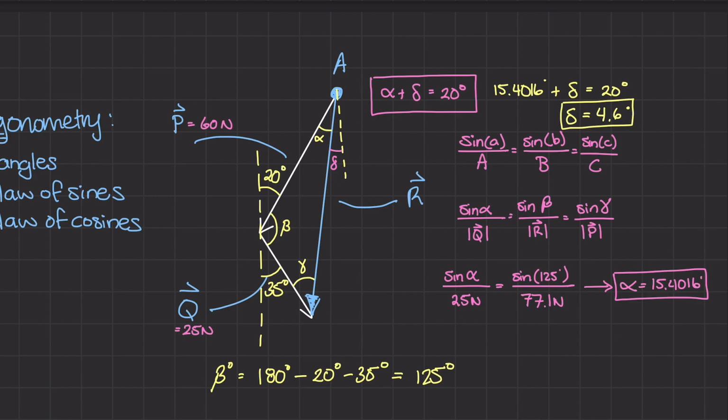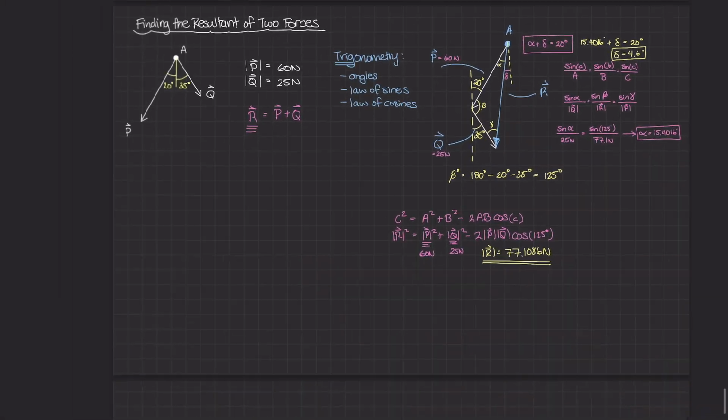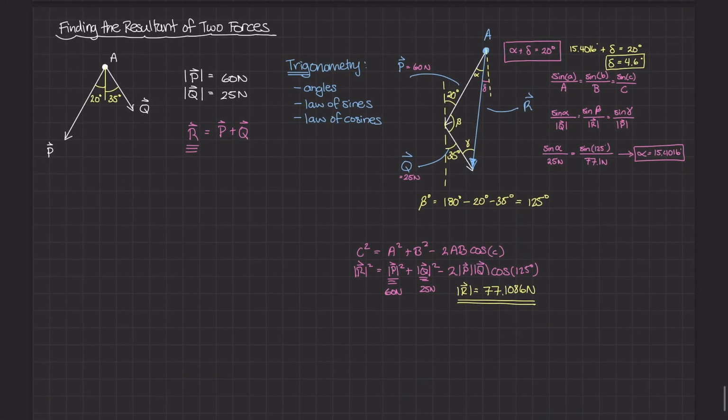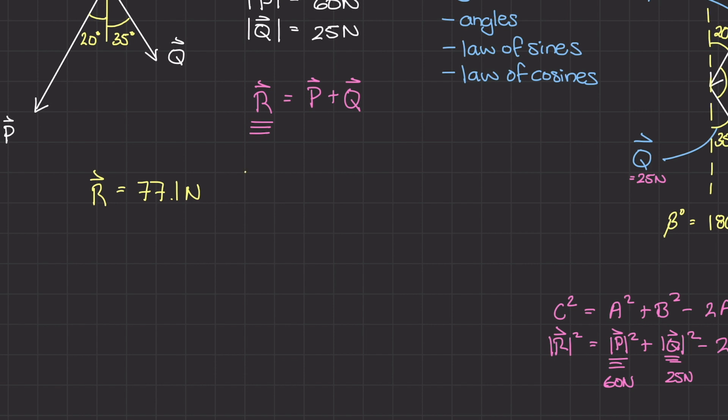And so when we write the answer to our problem, we can say that this resultant force R is equal to 77.1 newtons, and it's acting at an angle of 4.6 degrees from the vertical.